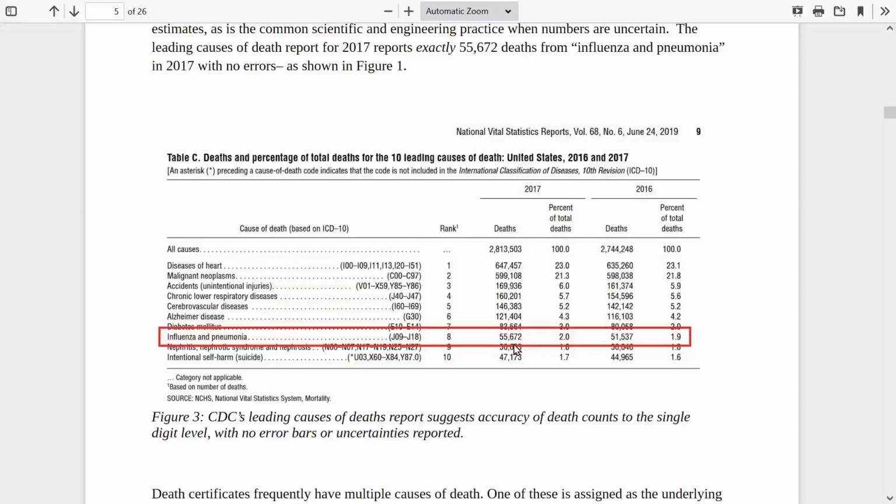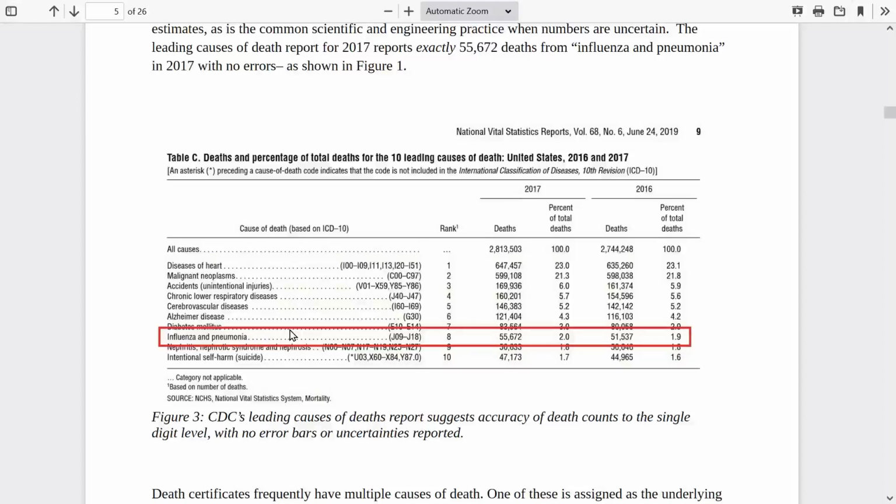And actually, if you look in the data files that produce the FluView graph, you'll see about 188,000 deaths attributed to influenza and pneumonia, or pneumonia and influenza. And there are no qualifications to this, so it sounds as if they're talking about the same thing, but they differ by a factor of over 3. The probable reason for that is the concept of an underlying cause of death, which is supposedly the fundamental cause of death.